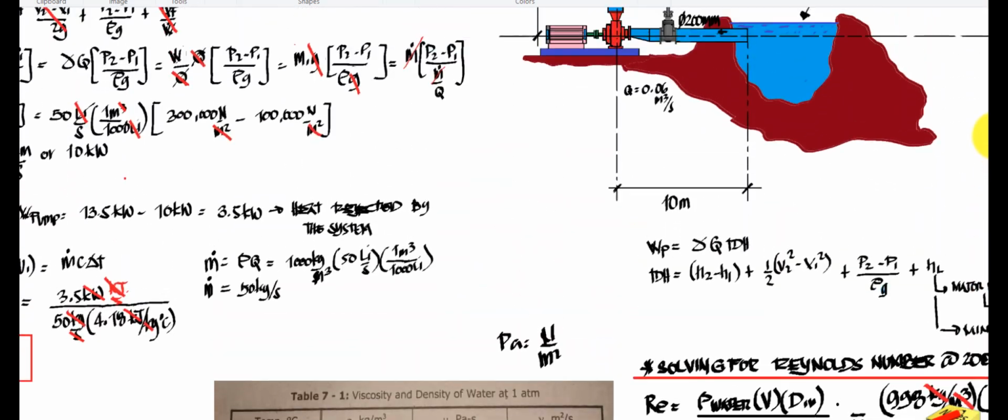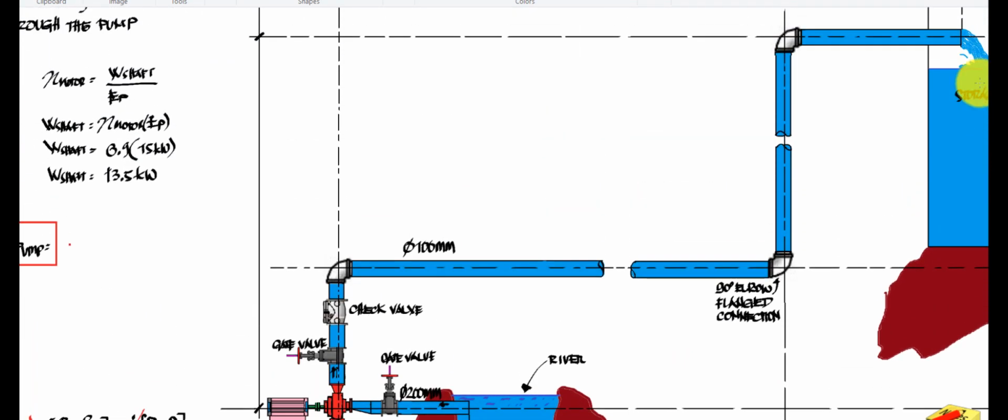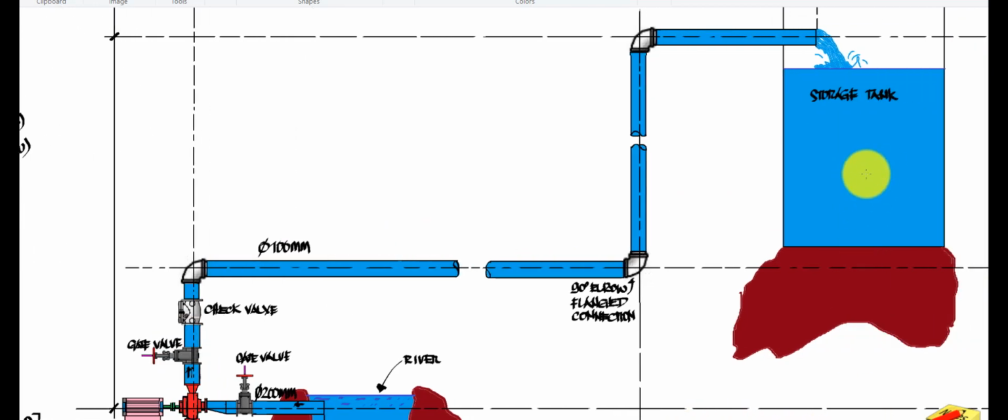Now let's try to solve the Reynolds number for the 100 mm pipe. Going back to the figure, the 100 mm pipe runs from the discharge of the pump going to the storage tank here.